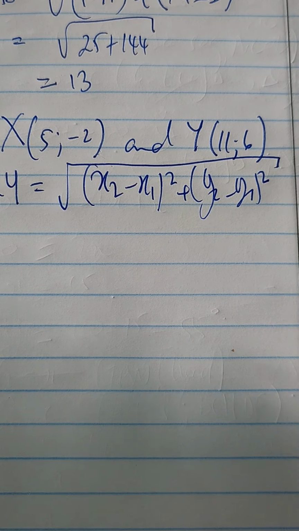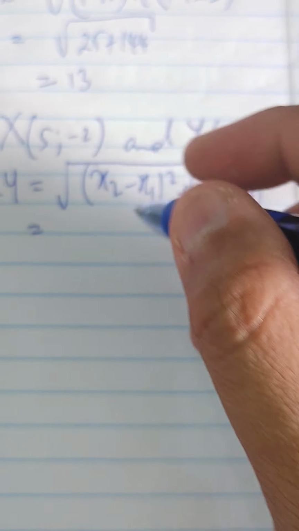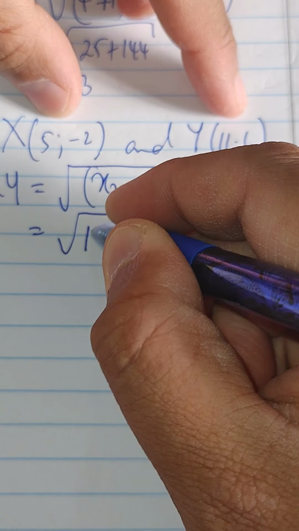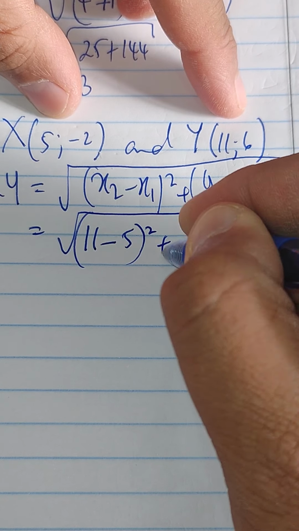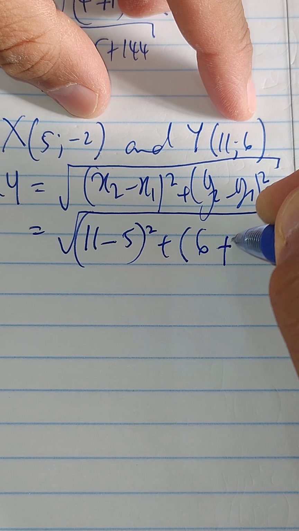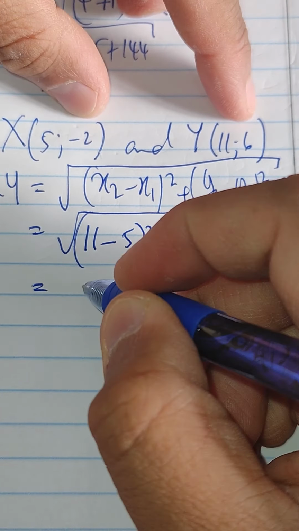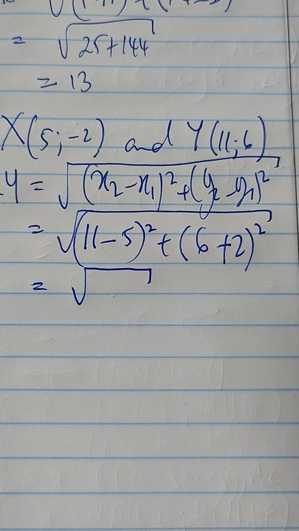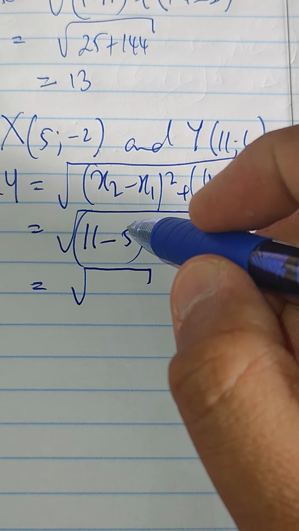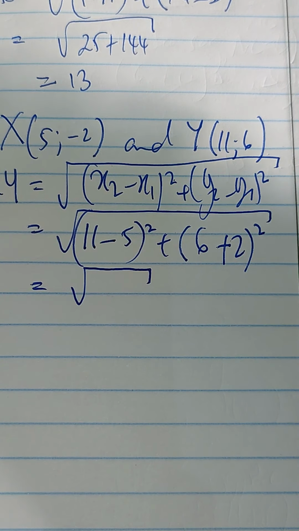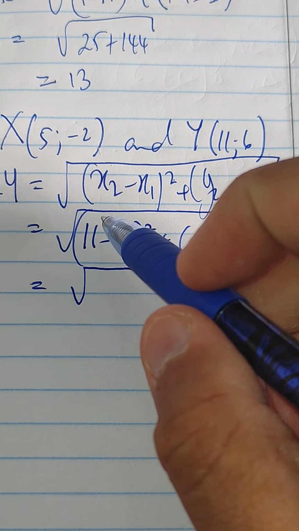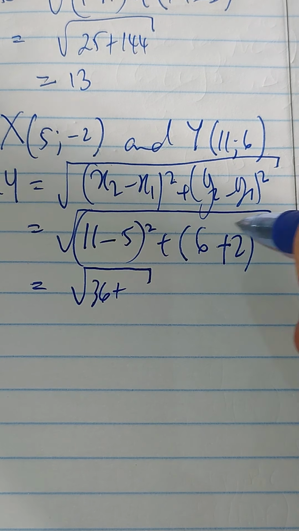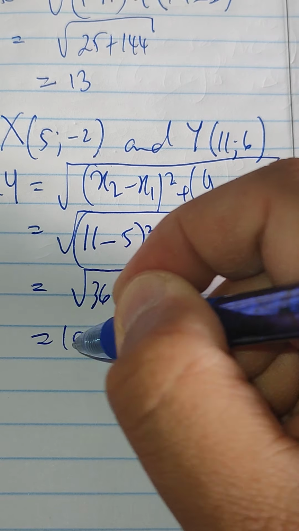If I had made this x2, it's going to be 11 minus 5 squared plus 6 minus 2 squared. Okay. If you mix up your numbers here, it's not going to make much of a difference, because of the squared, if it's negative, it will become positive anyway. So that's going to give you 6 squared, which is 36, plus 8 squared, 64. It's 100. Gives you an answer of 10.